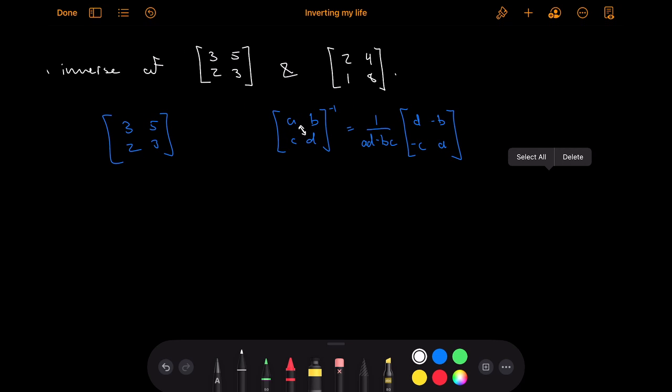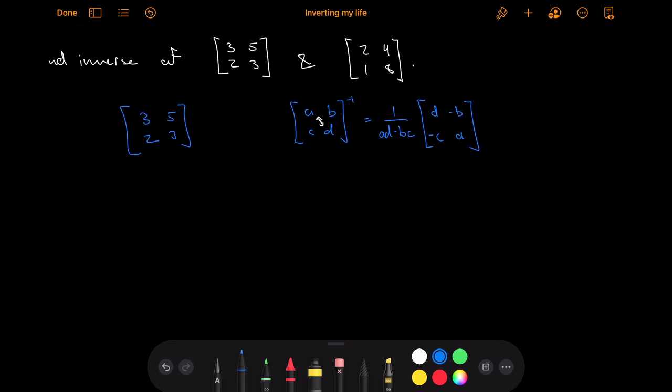So for the first matrix, our inverse is going to equal 1 over 3 times 3, which is 9, minus 5 times 2, which is 10, multiplied by A and D switched, but since they're both 3's, they'll look the same, and then -2, and then -5.